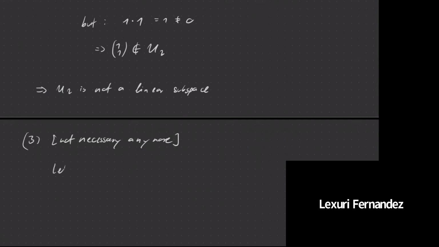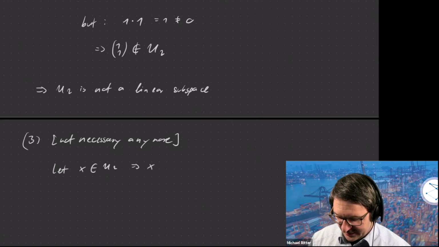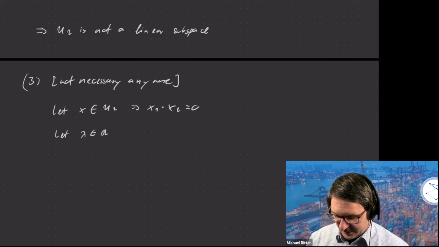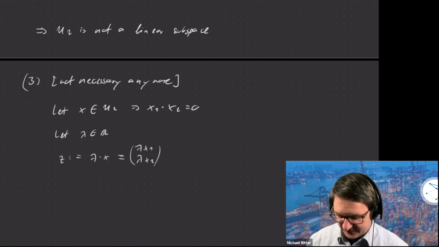So if we do that, we'd say, well, let X be contained in U2. Then that means X1 times X2 is 0. And let lambda be a real number. Then we have a look at lambda times X, which is lambda X1 times lambda X2, like this.